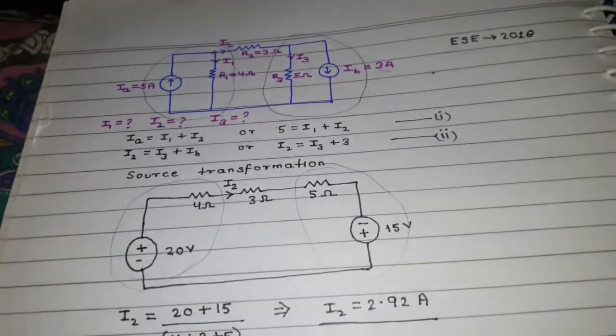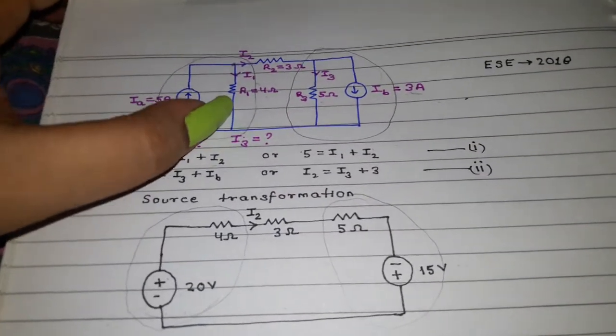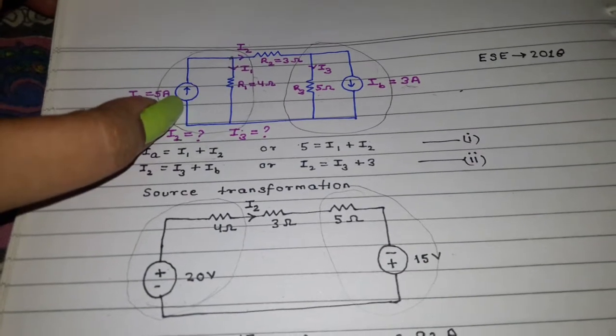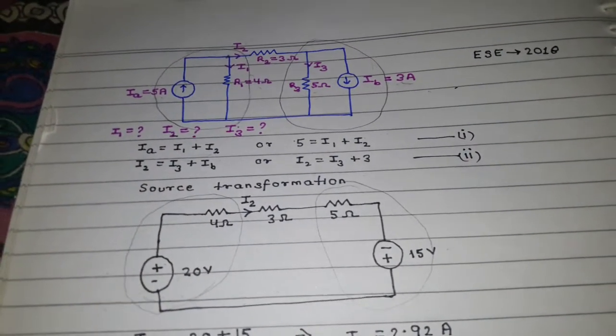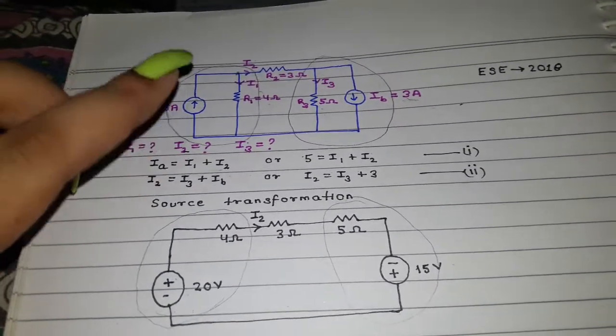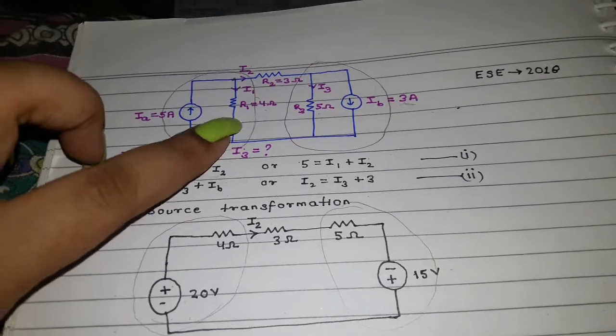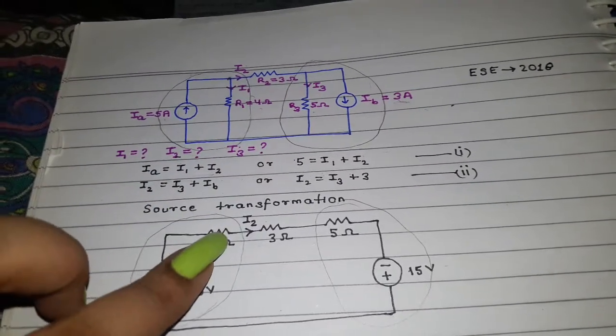On applying source transformation, you get this particular circuit. A resistance in parallel to a current source is converted to a resistance in series with a voltage source.